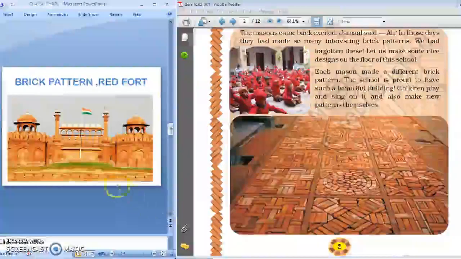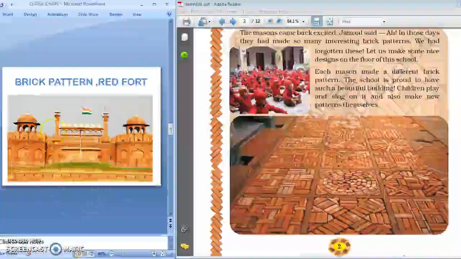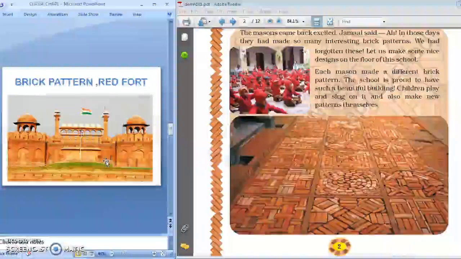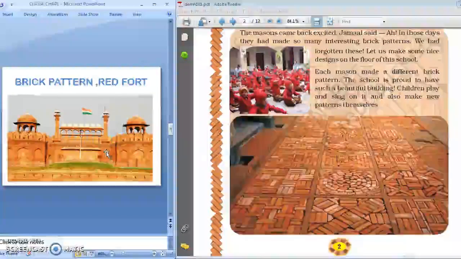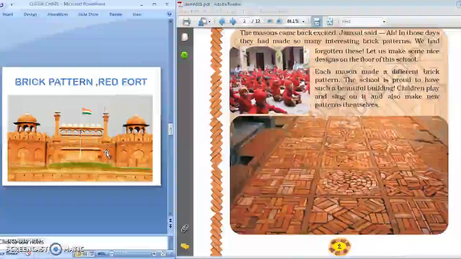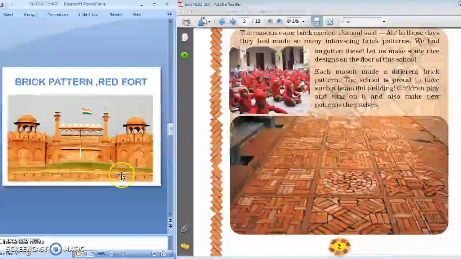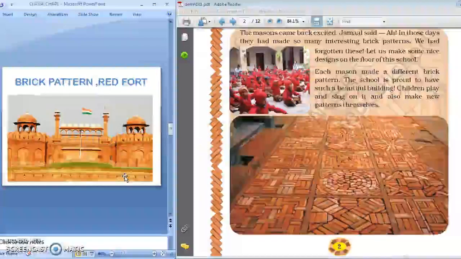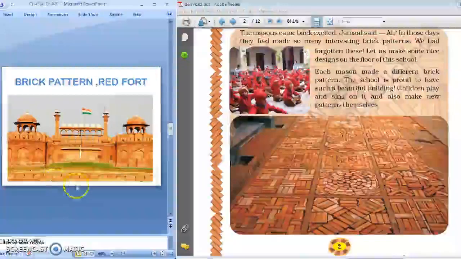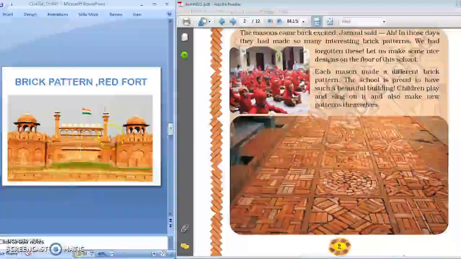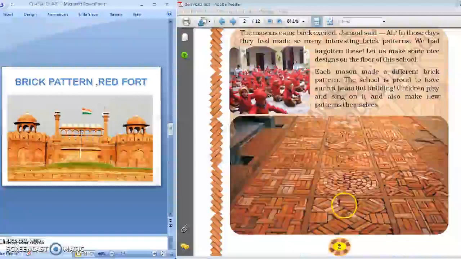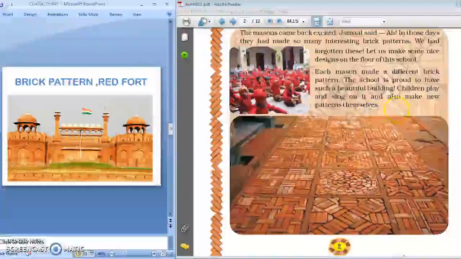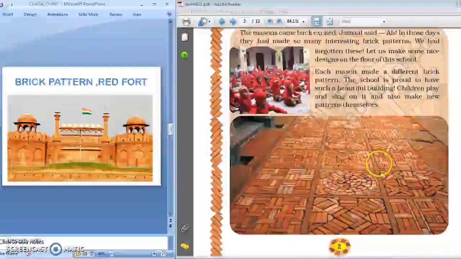So you all can see here, Red Fort is made up of bricks and stones, and there are a lot of patterns of brick there. Also, in the olden times, people used to get their angan or the beda made out of brick, as the brick used to work as a coolant.